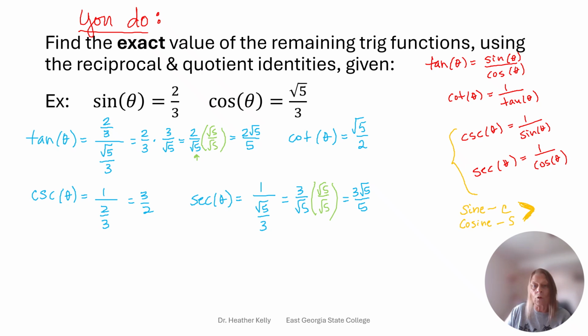So if you're not sure whether it's secant or cosecant that is the reciprocal of sine, just know that it's going to be the opposite letter. It's not the same letter. So that'll kind of help trigger you to remember that, maybe.